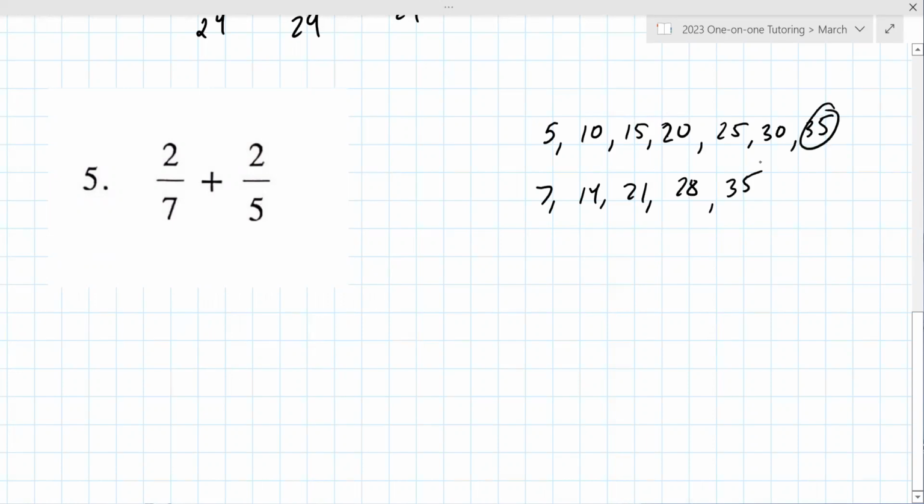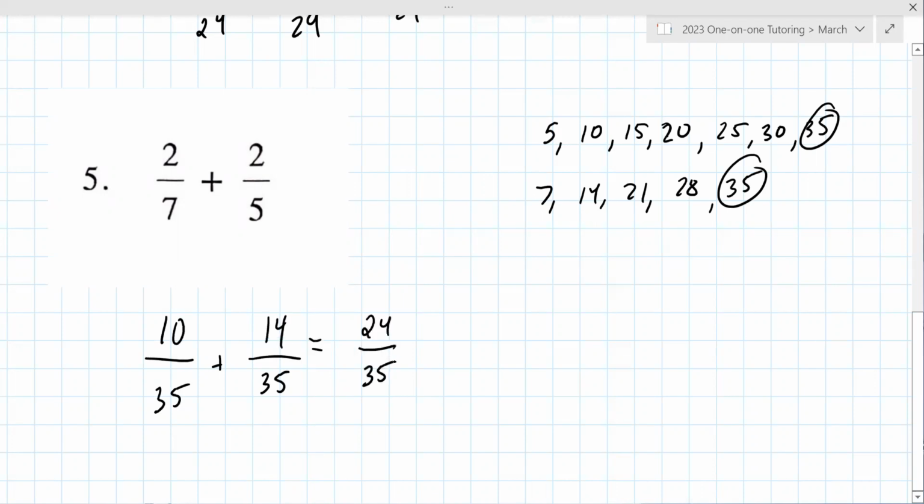And you'll find that that one actually is the least common multiple. So the nice thing is you can still get it by multiplying, but in this case, it is the least common multiple. So 10 plus 14 is 24 over 35.